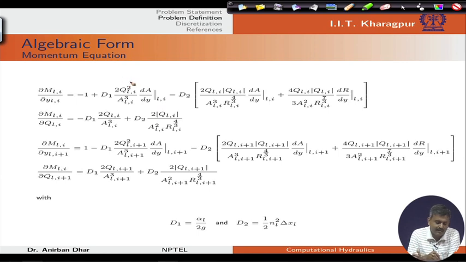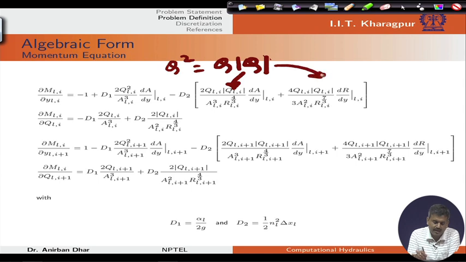But in this case, the terms which are related to Q squared by A squared will not change to Q abs Q, only the terms which are related to friction slope will change. In this case these two terms are related.